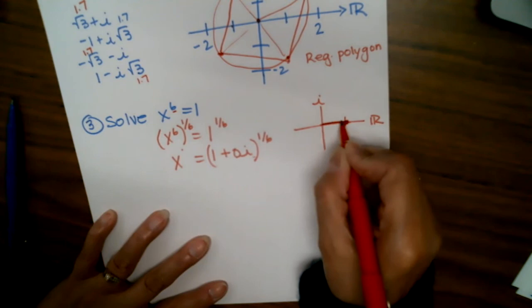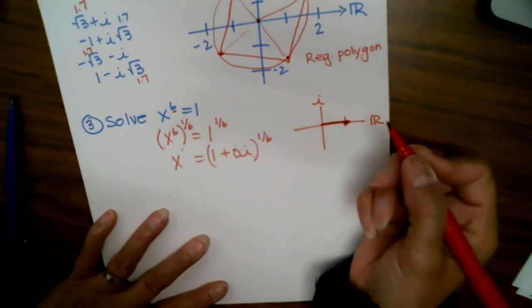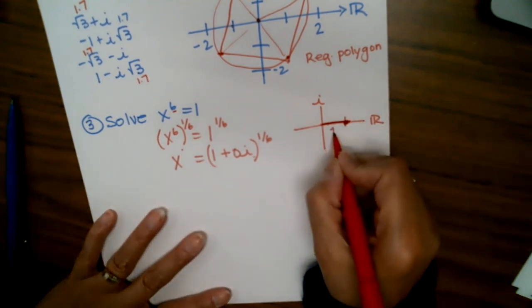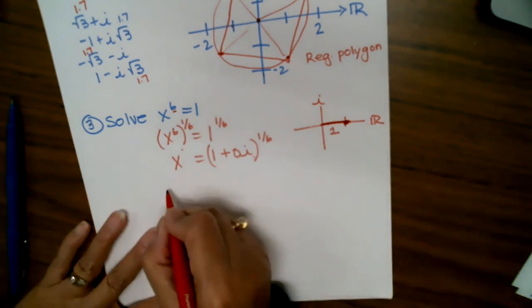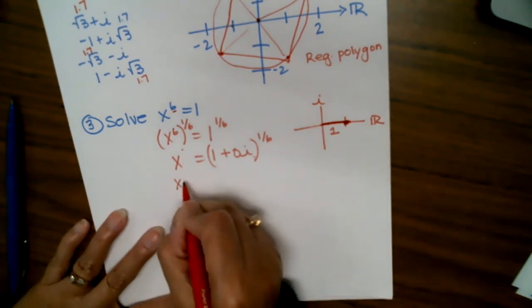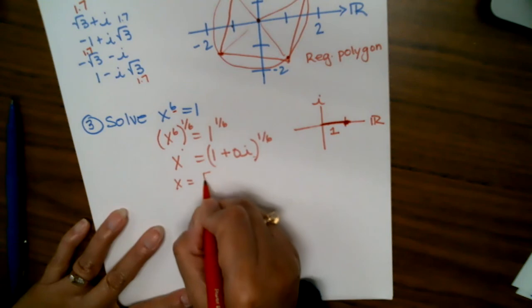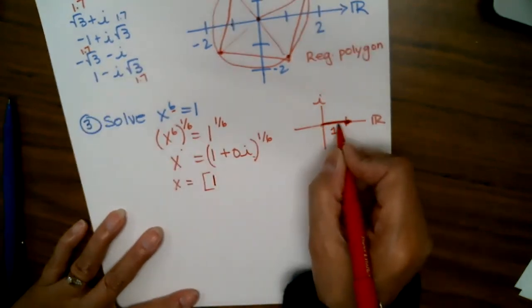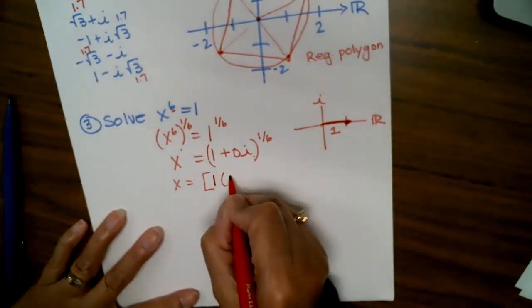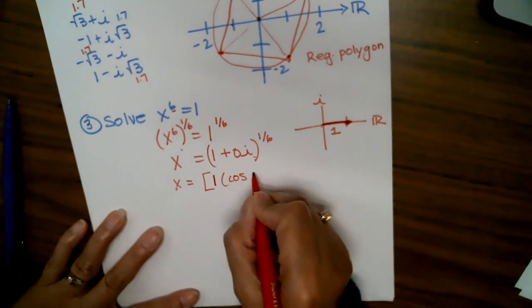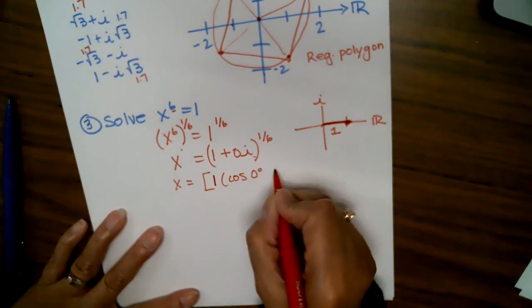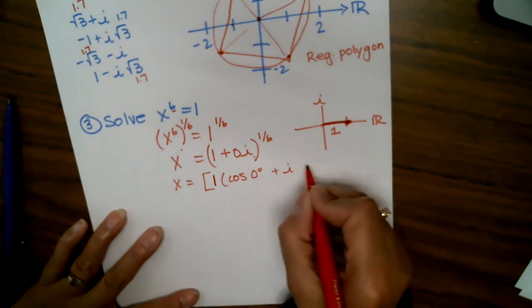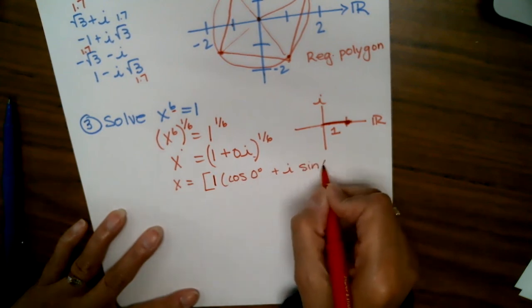That's easy enough to find the angle because the angle's 0. The r is 1. So we could rewrite this in complex number form as 1, the length of my r, times cosine of 0 plus i times the sine of 0.